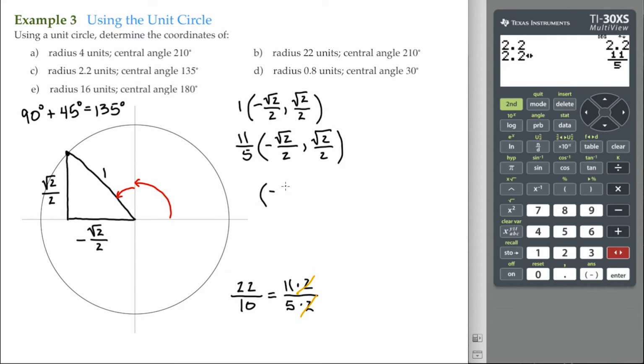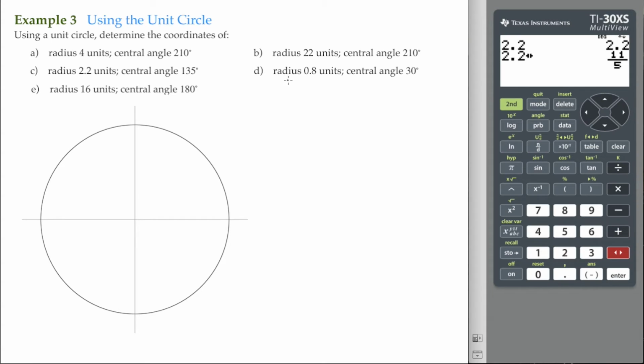So this is negative 11 root 2 over 10. 5 times 2 is 10. And 11 root 2 over 10. So the coordinates of a point with a radius of 2.2 units and a central angle of 135 degrees are going to be negative 11 root 2 over 10 and 11 root 2 over 10. And we'll continue.